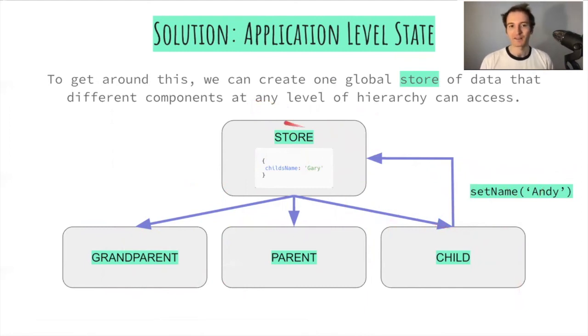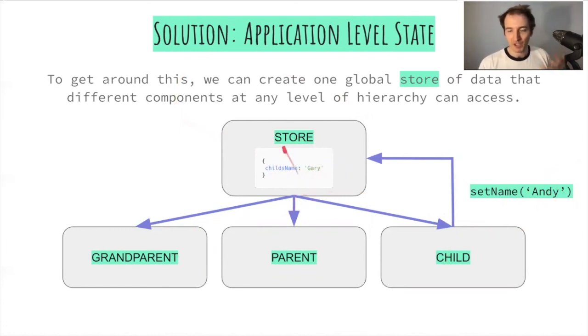So in this case, okay, we have this child's name called Gary. Let's say inside of the child component, that child says, okay, I'm gonna be my own person. Suddenly I'm not gonna be called Gary anymore. I wanna call my name Andy. Then the way that this works is we can use a set name function from the store that will change the value of the child's name to Andy.